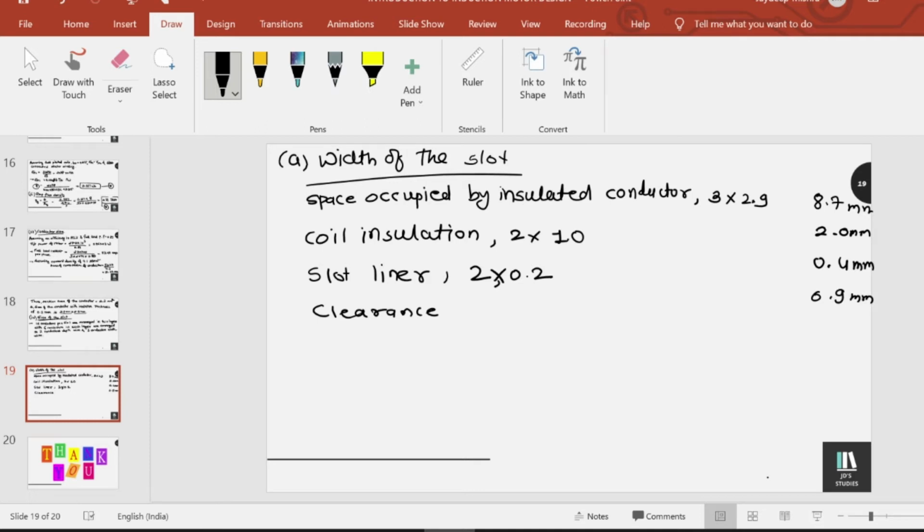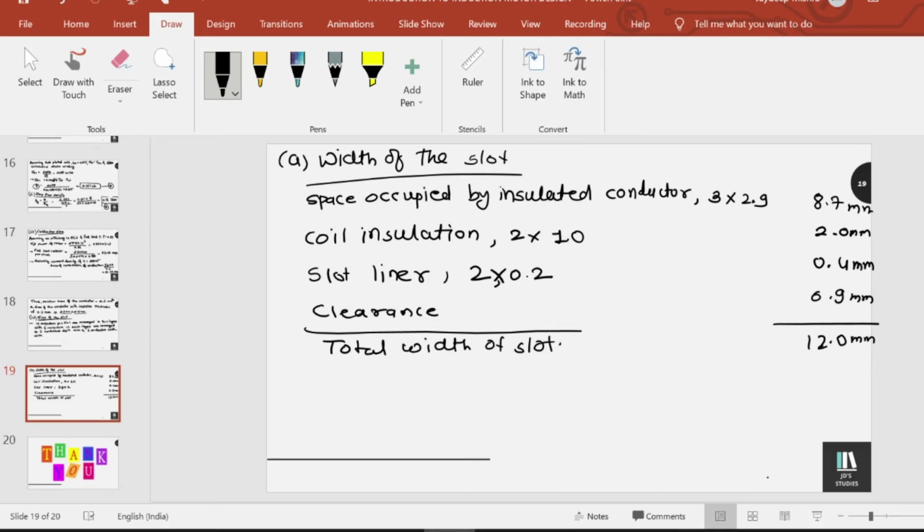We add all these, so we get the total width of slot, which is about 12 mm. Okay, so the width of this slot is 12 mm.